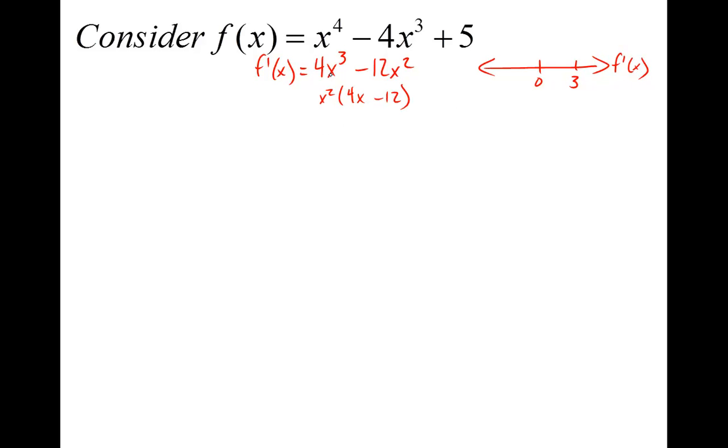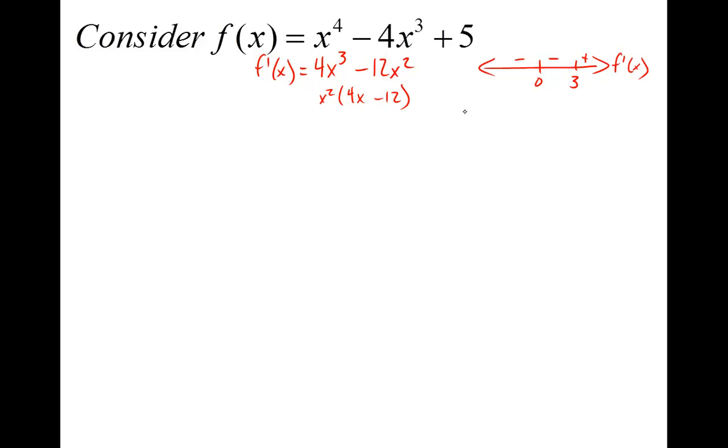Let's see, if I put in, say, a 1, then I'll get 4 minus 12, so that's negative, so 1 is negative. Note that 0 is double, so it needs to not alternate, and then across the 3 will alternate. So I've got a graph that goes down, flattens out, goes down, and then goes up.